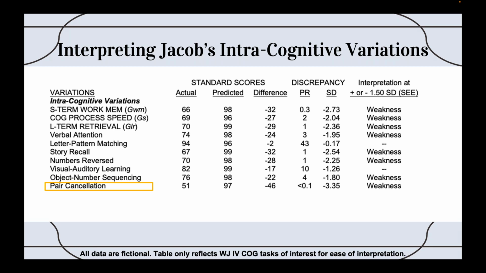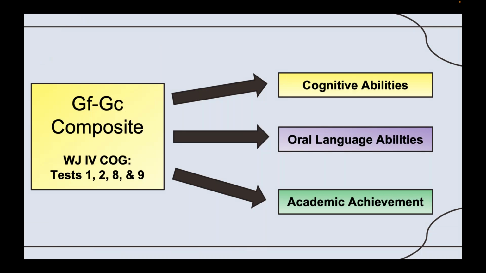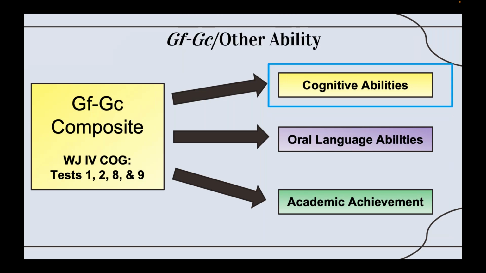So now that the neuropsychologist looked at within variations for the cognitive, they then wanted to think about, okay, how does his performance in some of these more processing related areas relate to his overall reasoning skills? Well, the WJ4 does offer a specific comparison, the GFGC to other ability comparison, that would be very useful for a person like Jacob.